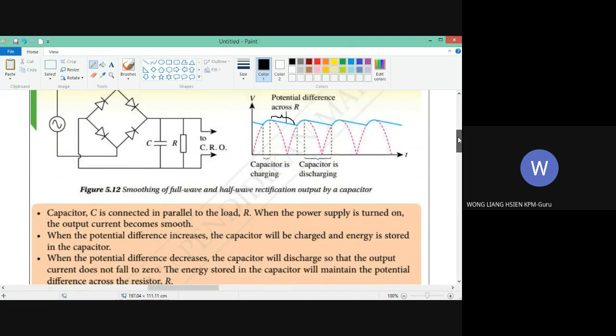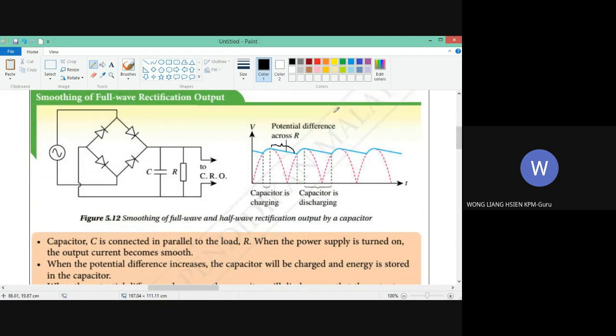So if we want it even smoother, we use a capacitor with a larger capacitance.